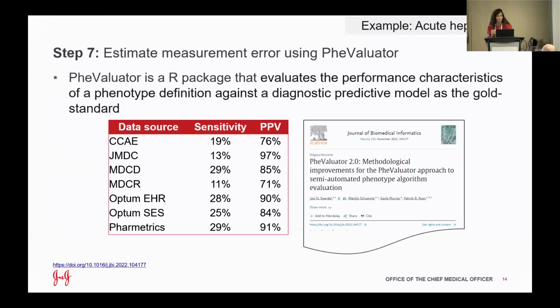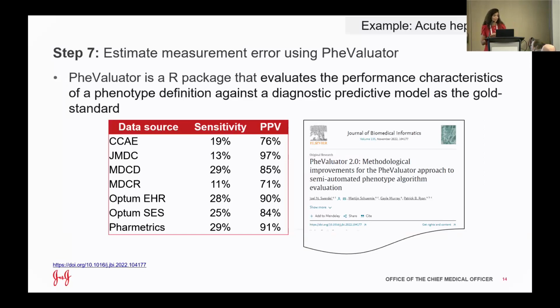Then in the last step, we estimated the measurement error using PheValuator. And what PheValuator does is that it's basically a predictive model that predicts the probability of having the event given the full set of a person's data. And then you can use that as a gold standard and compare that to what your rule-based algorithm is doing.